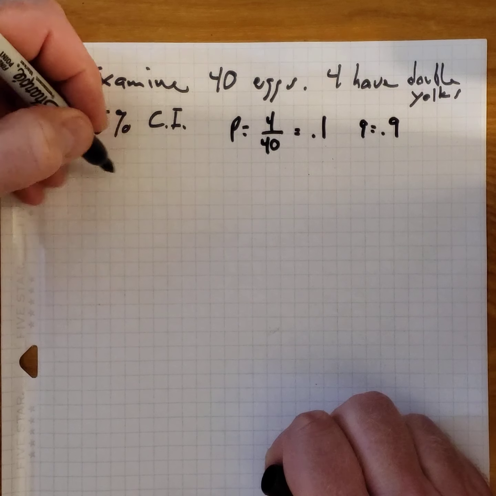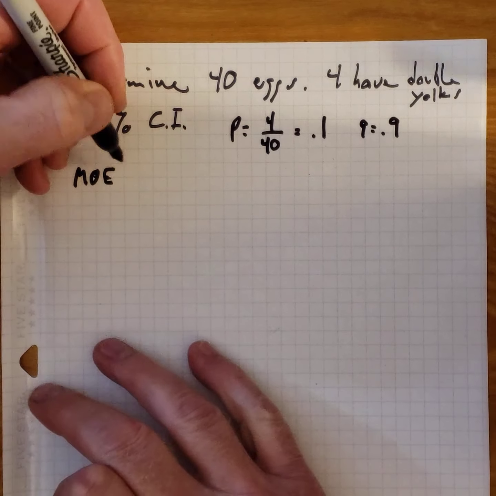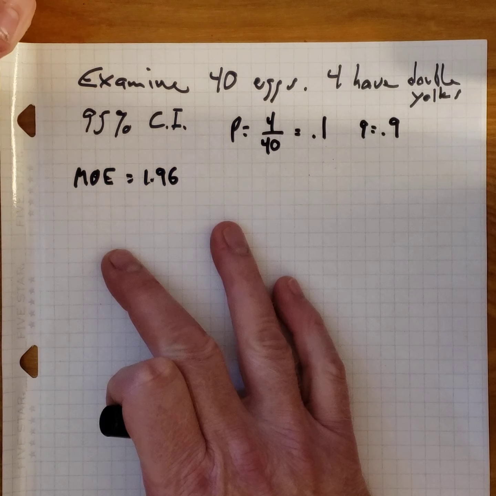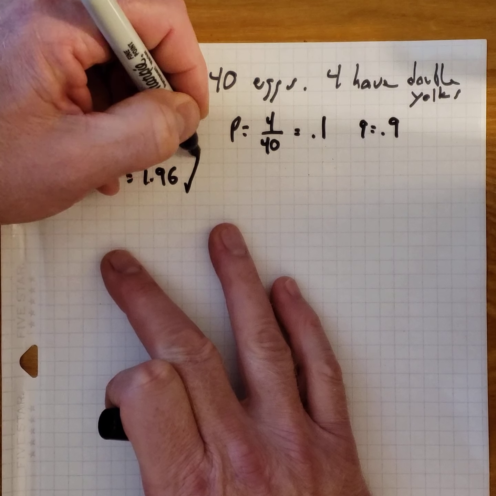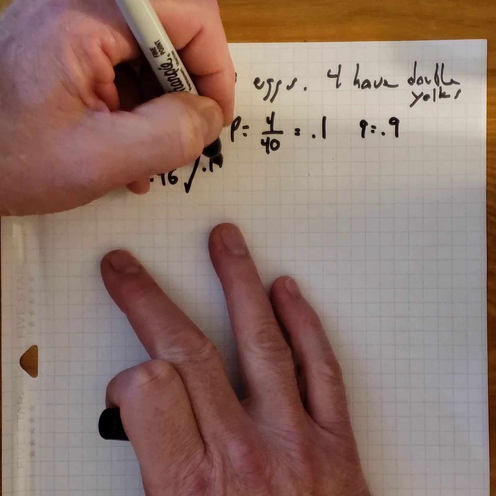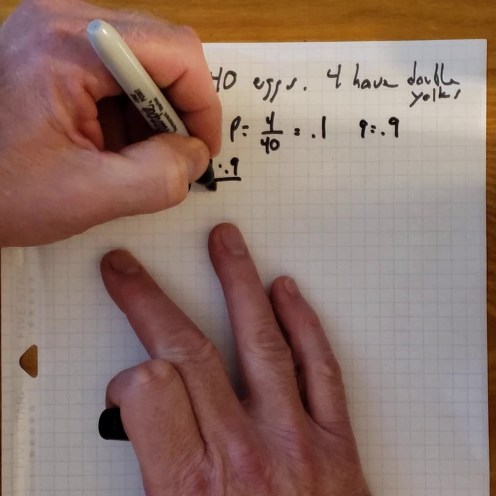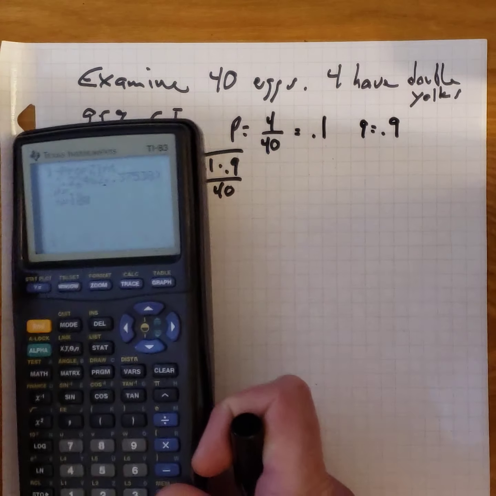Our margin of error is going to be 1.96, our magic number that goes along with the 95% confidence level, times the square root of 0.1 times 0.9 divided by the number in the sample. Okay.